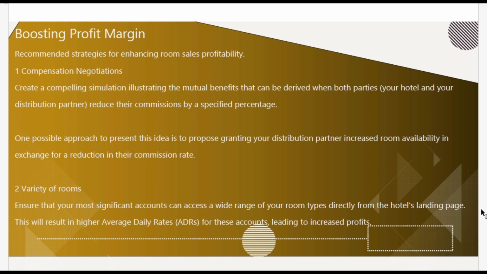Now, one possible approach to present this idea is to propose granting your distribution partner increased room availability. There are different ways you can do it. When you are telling, let's say, Booking.com or Expedia to reduce their commission, they can in return ask, okay, if we agree to do that, what will we get in return, right?